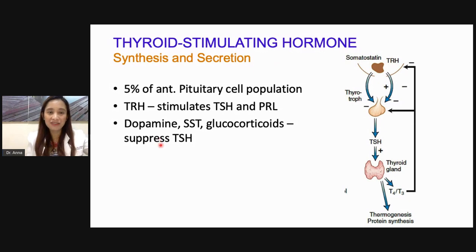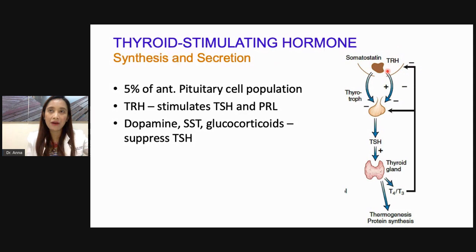Third to the last, your TSH, or thyroid stimulating hormone, is secreted from your thyrotropes, a very small proportion of your pituitary cells, and pathologies in your thyrotropes are actually very rare. Your TRH from your hypothalamus stimulates your TSH, but also your prolactin. That has a very big impact on your prolactin levels as well.